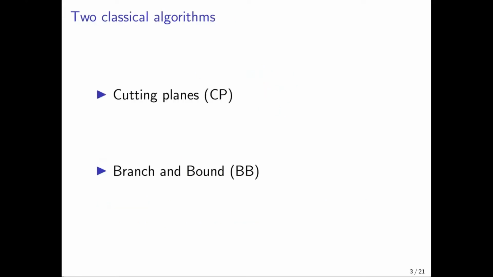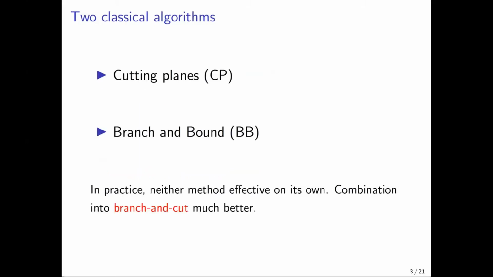There are two kinds of classical algorithms for these problems, cutting planes and branch and bound. The whole research started when we started wondering about this empirical wisdom, which says that if you just use branch and bound without cutting planes, or just use cutting planes without any branching, then they don't really solve very large scale problems.